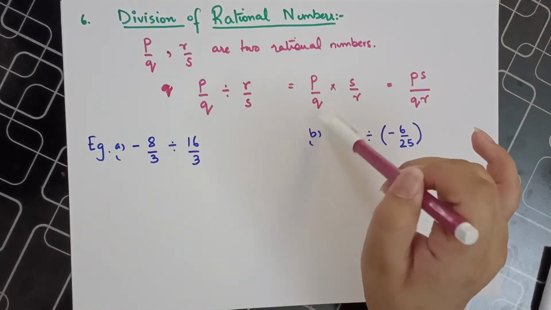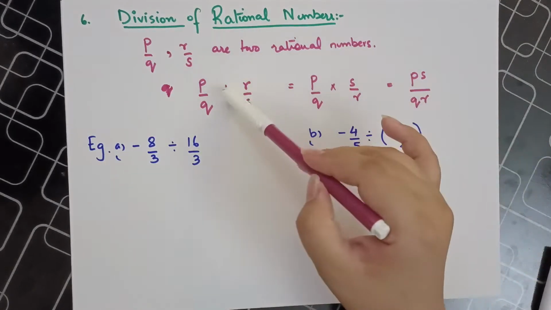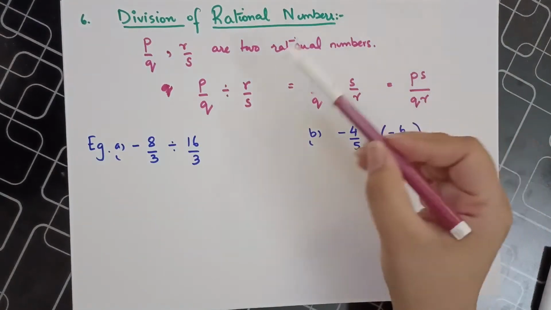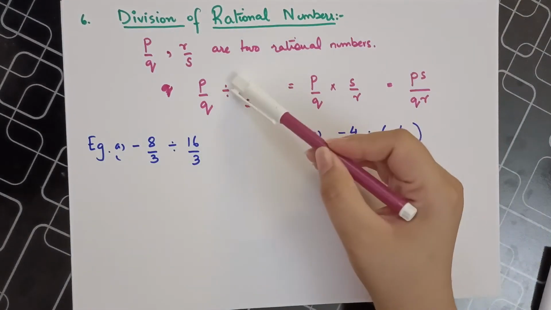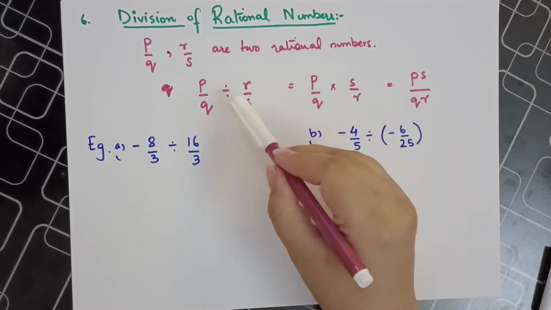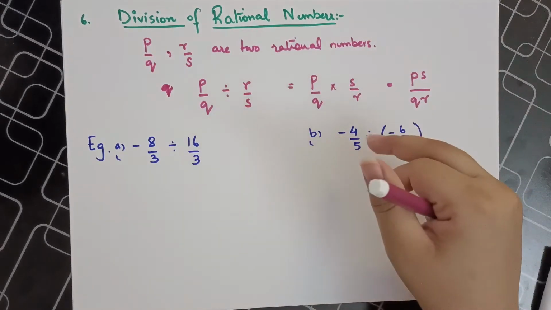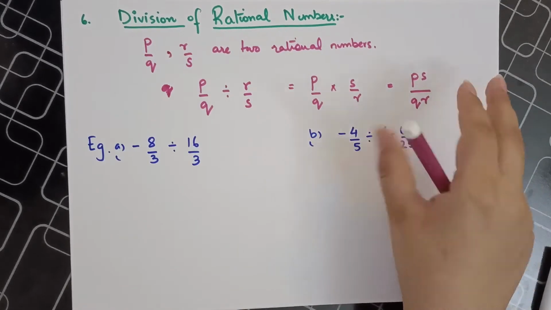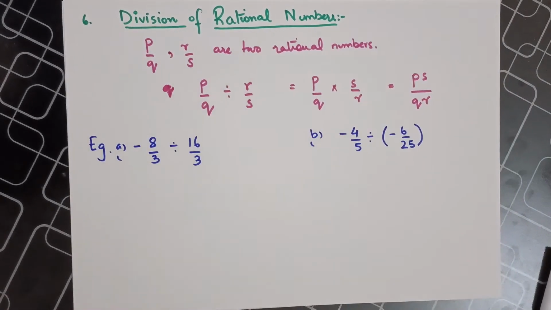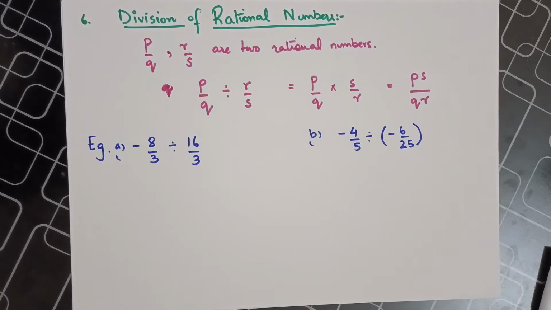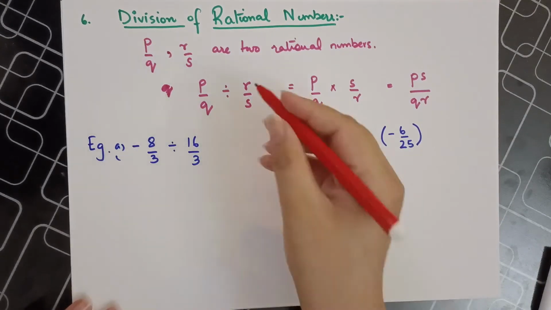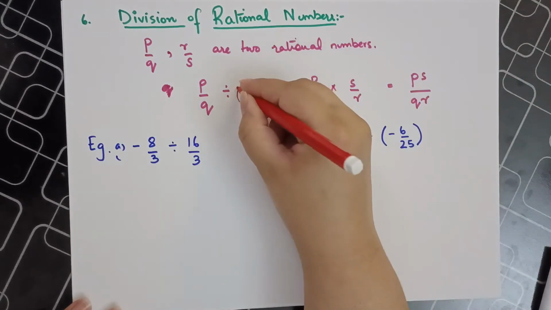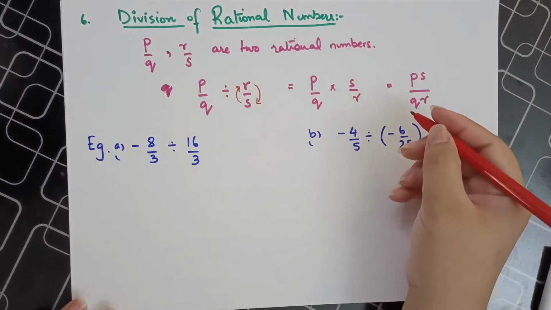p upon q multiplied by, the division sign converts into a multiplication sign, and the fraction just after the division sign, you have to take its reciprocal. We have to turn it opposite: the numerator becomes the denominator and the denominator becomes the numerator.